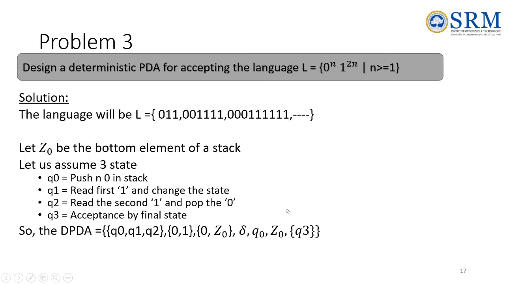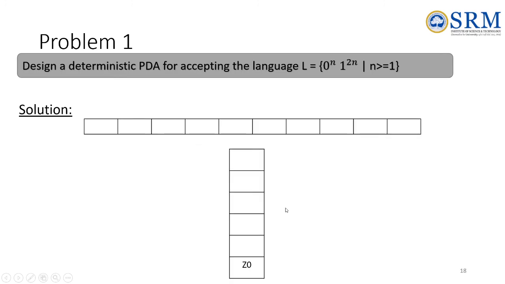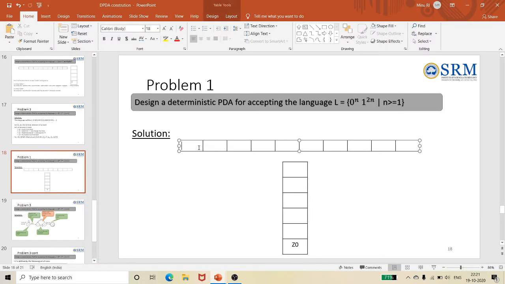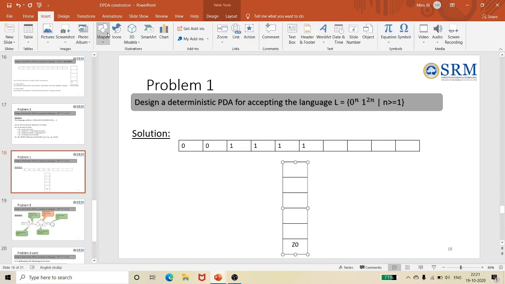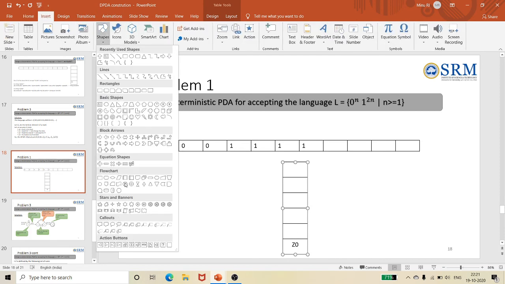So how does it go on? Let me show it with an example. Let me consider 0 1 1. Let me take two zeros, and then I will have four ones. What happened? Seeing all my zeros, let me take an arrow mark for convenience.